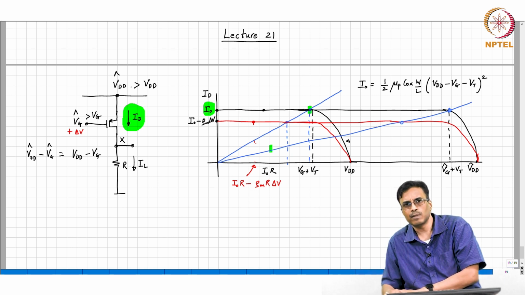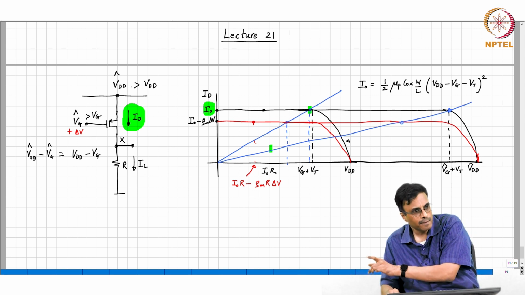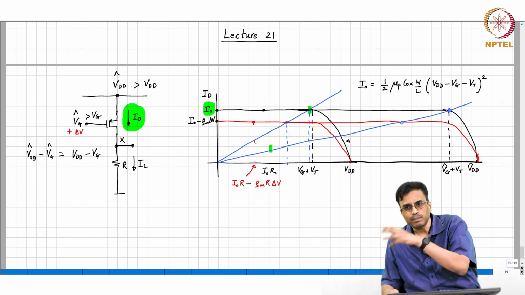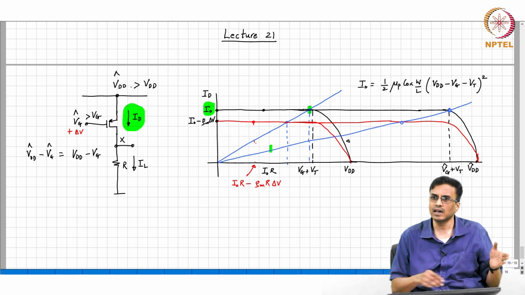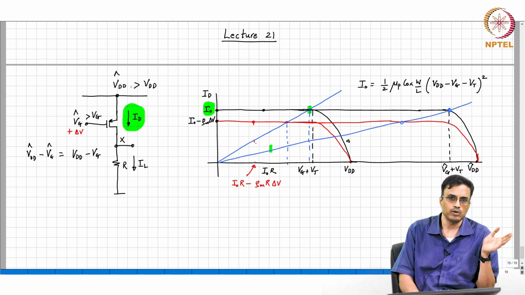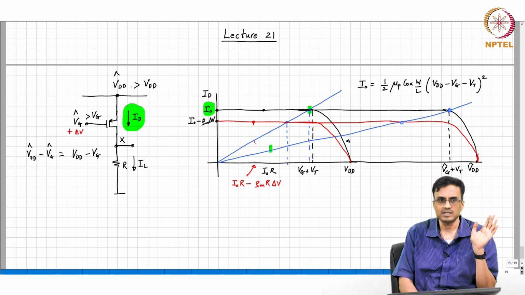So, then you will be able to get the maximum possible gain with this new VDD, correct, and that maximum will be much larger than the maximum gain you could get earlier. Is this clear so far?